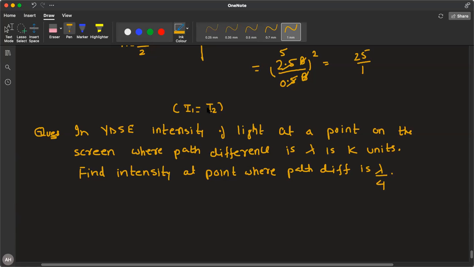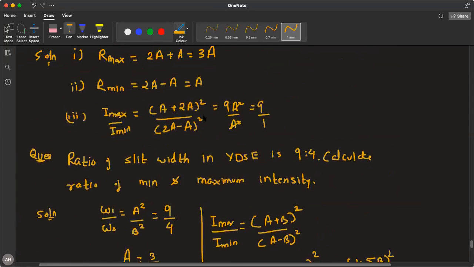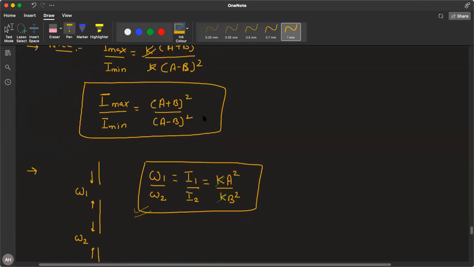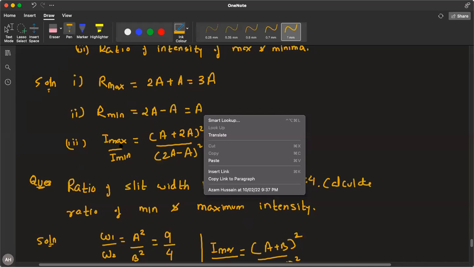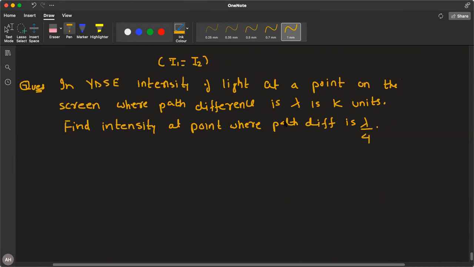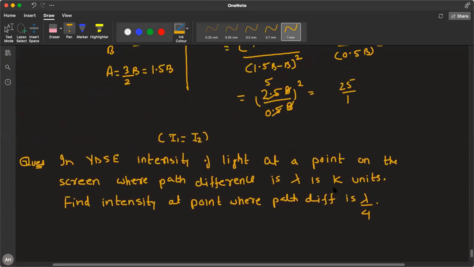So it's not that straightforward. In the earlier numericals, you were calculating the resultant intensity, right? But in this question, the resultant intensity is given. Resultant is K. First get the phase difference from the path difference, and calculate I1 and I2 in terms of K. Then you will calculate it further.